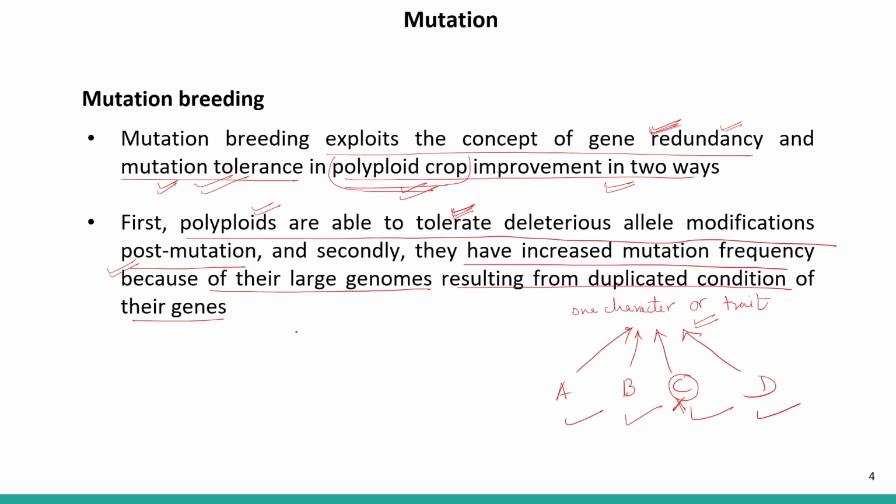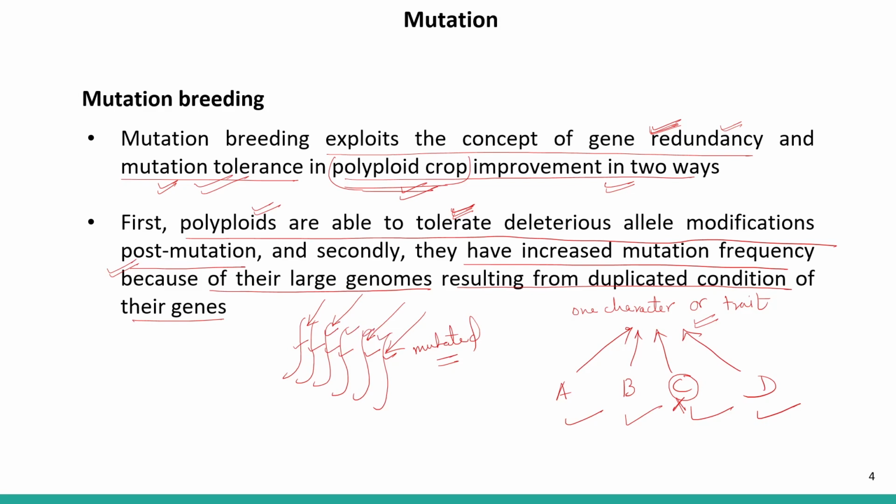When a genome is duplicated a number of times, the probability of getting mutated increases. This is a sort of mathematical explanation: because you have a number of copies of the genome, the probability of getting mutated also increases in that fold.